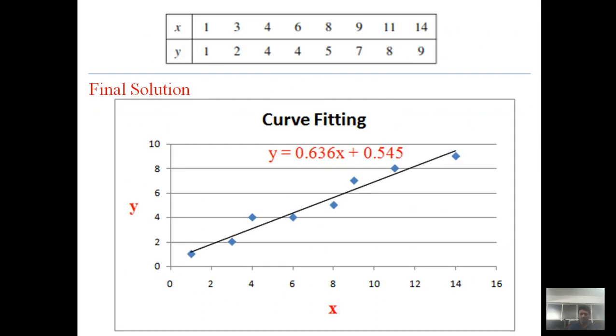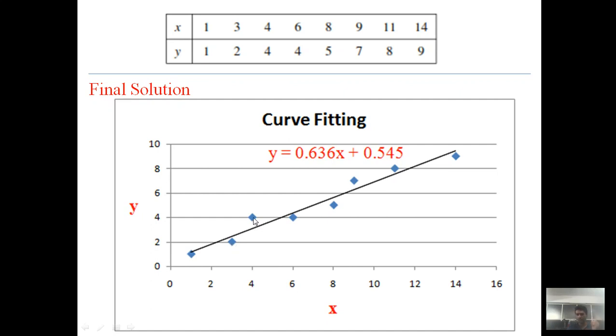See here, in this case this point lies exactly on the curve. It means that the value of d1 is 0. Now suppose these are d2, that is the deviation from the actual point to the point which lies on the line. This actual point lies below the line, so the value of d2 is negative.